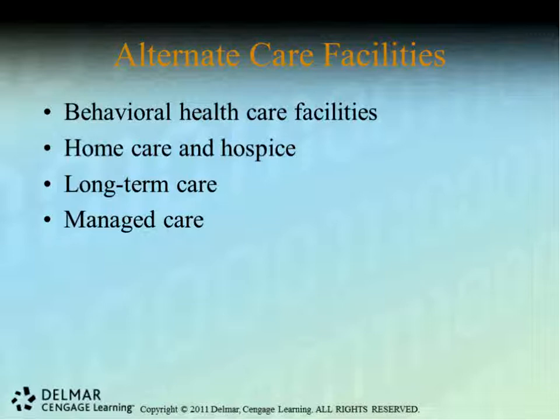Other settings that fall under long-term care are your adult daycares. You've got assisted living facilities. Older individuals, a lot of times, if they want some independence but also need some support, can stay in these assisted living facilities and pay rent.